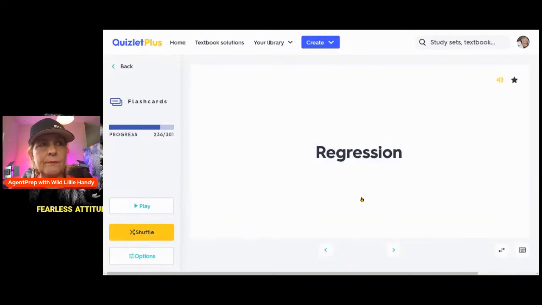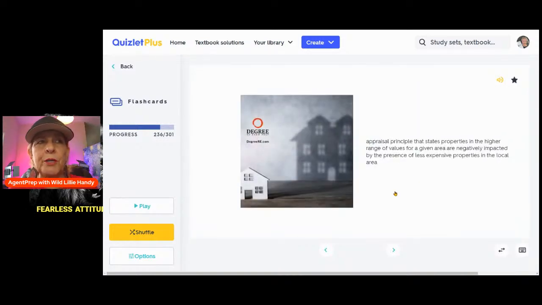Regression. Appraisal principle that states properties in the higher range of values for a given area are negatively impacted by the presence of less expensive properties in the local area. So here you have a smaller house versus this huge mansion. Okay, so this little house will negatively impact the value of this large house, or this large house will positively impact this little house.